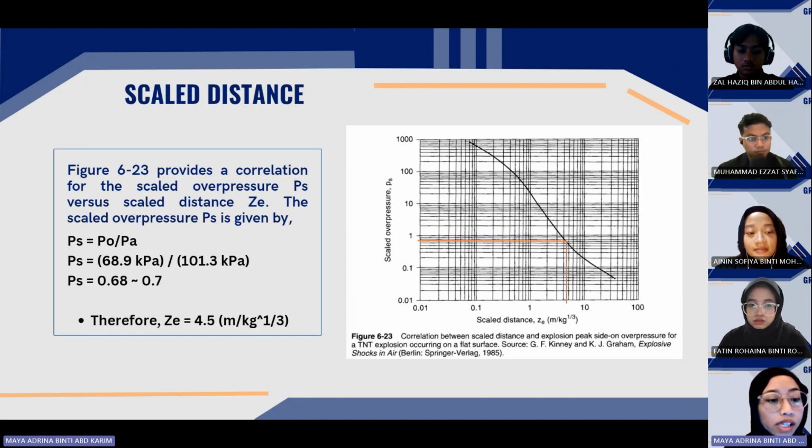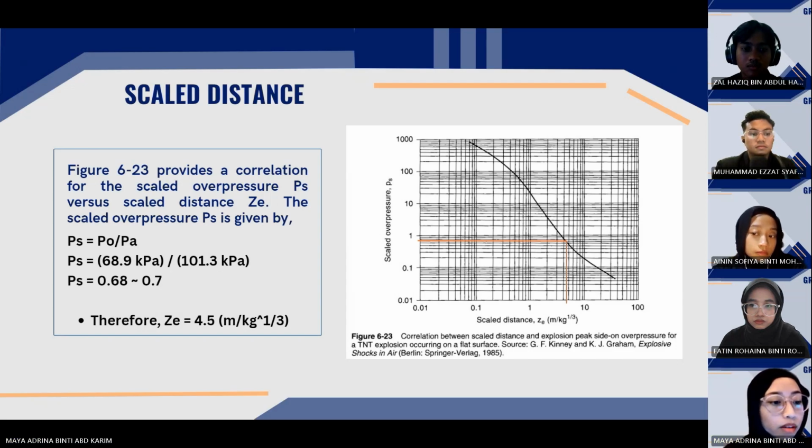And then we get the scaled overpressure equal to 0.68, which is approximately 0.7. So from this graph, at the 0.7 scaled overpressure, we can get the scale distance Ze equal to 4.5 meter per kg to the power of 1/3.